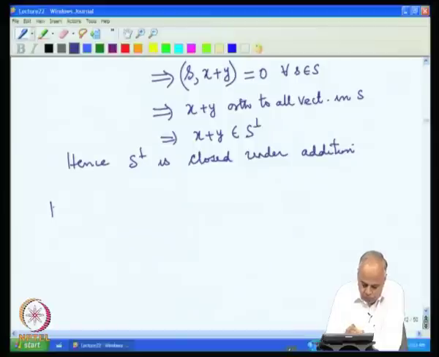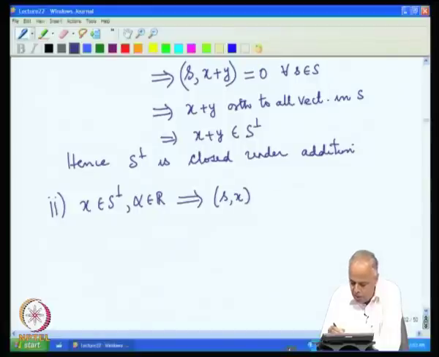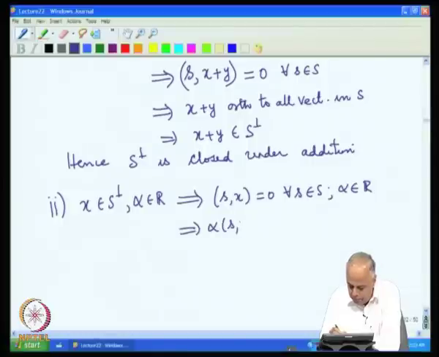Two, we have to now check whether it is closed under scalar multiplication. So, we are given x in S perp and alpha a real number. What does that imply? x in S perp again says x must be orthogonal to all the vectors in S, and alpha is in R. Now, the inner product of s and x is a real number, alpha is a real number. So, we can multiply, and on the right hand side we get alpha into 0 is 0.